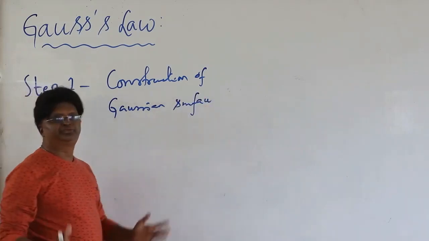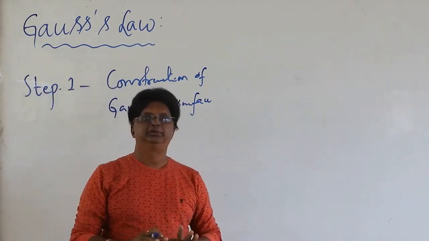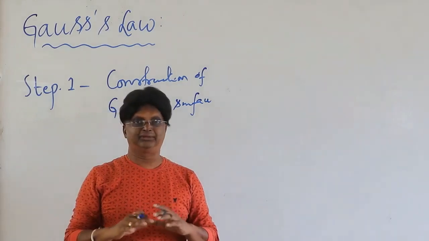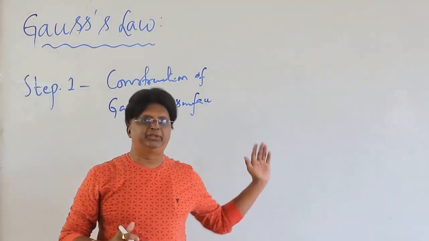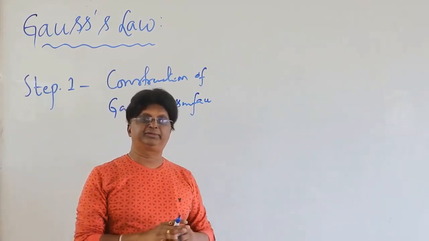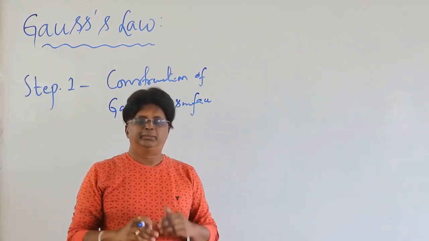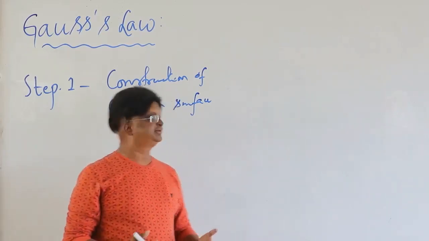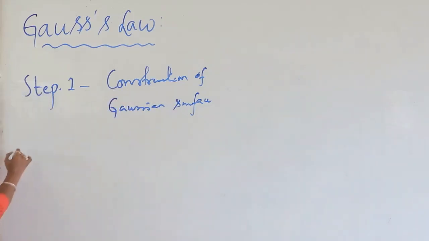A closed surface, a 3D geometry enclosing the given charge or the given system of charges. We have explained even the properties of Gaussian surfaces. It can be both symmetric and asymmetric, but we always take it as symmetric for our mathematical convenience. So step 1, construction of the Gaussian surface.